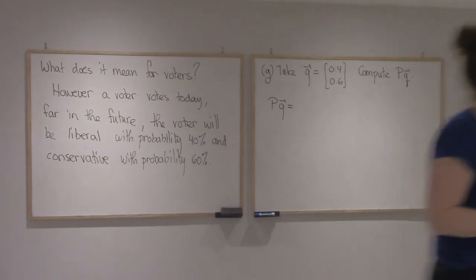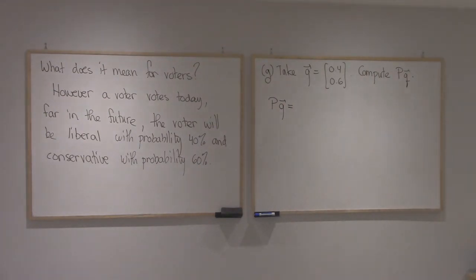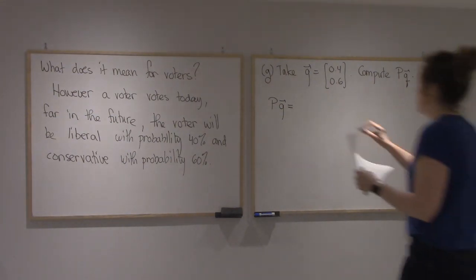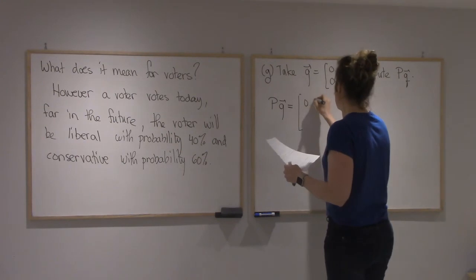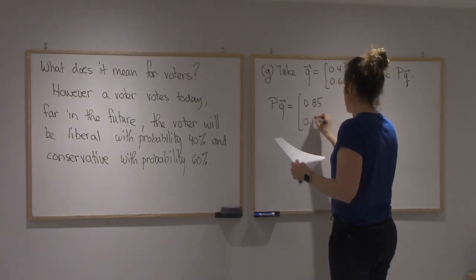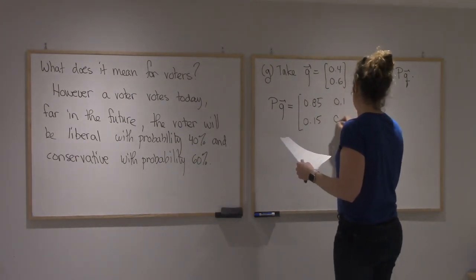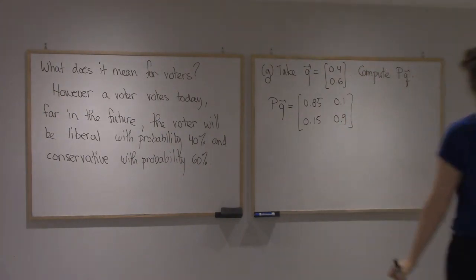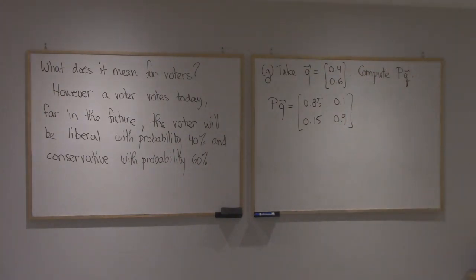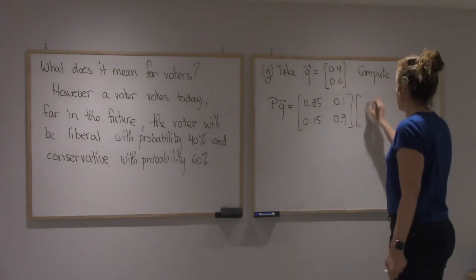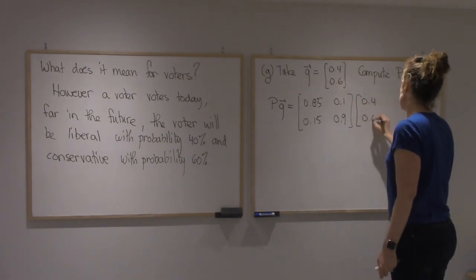I don't remember what P was exactly, so let's double check. P was 0.85, 0.15, 0.1, 0.9. So I'm going to take that matrix and multiply it by (0.4, 0.6).